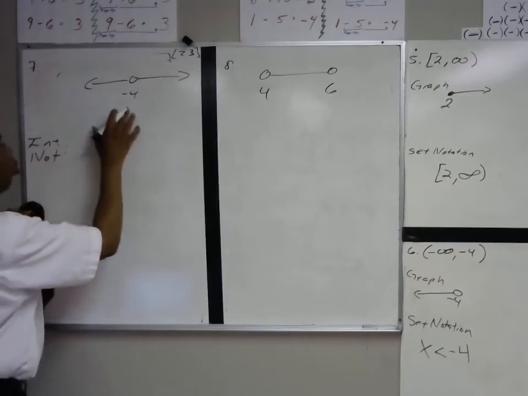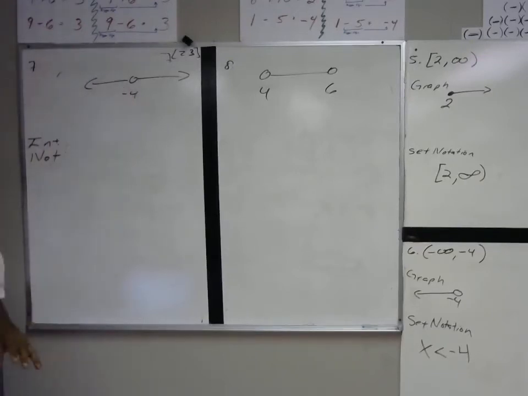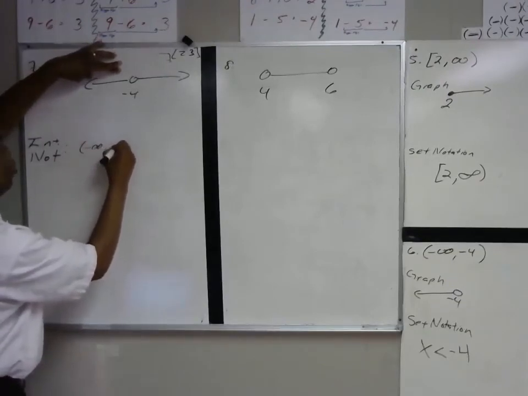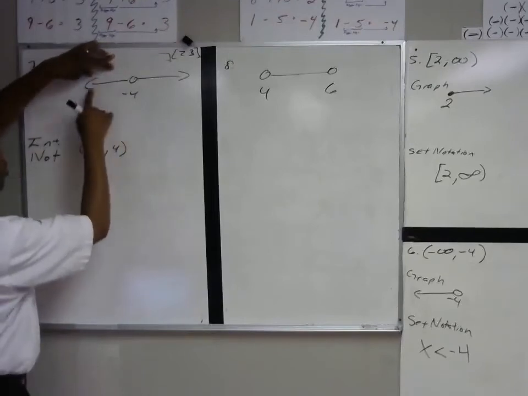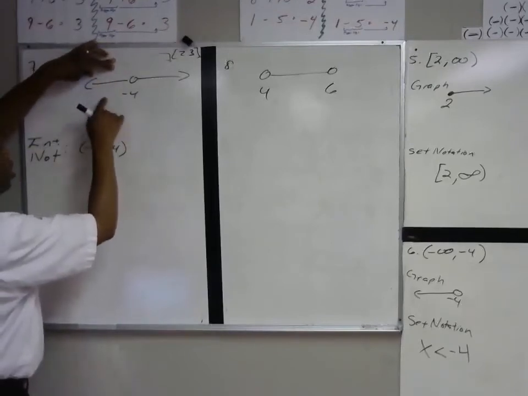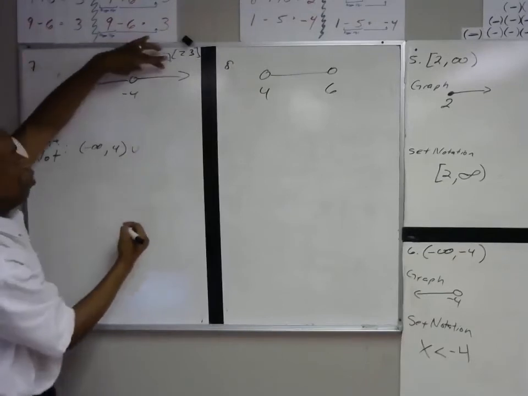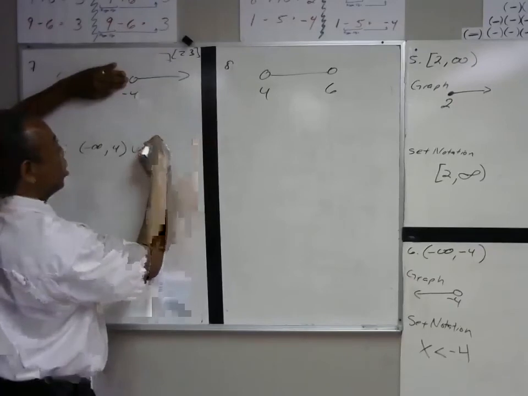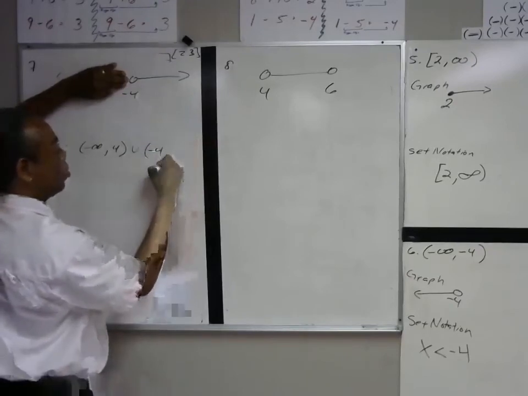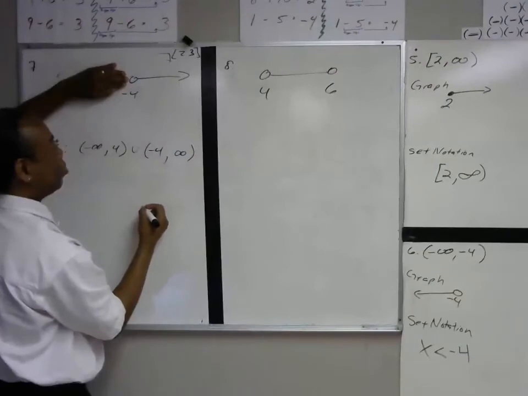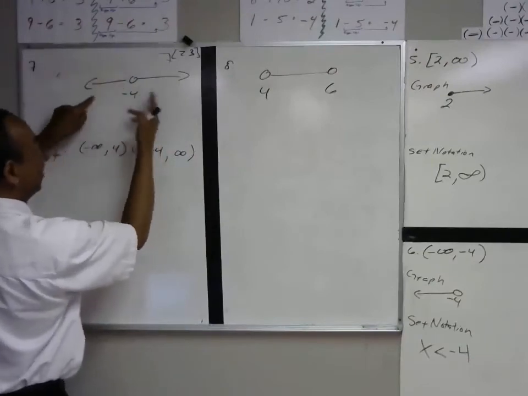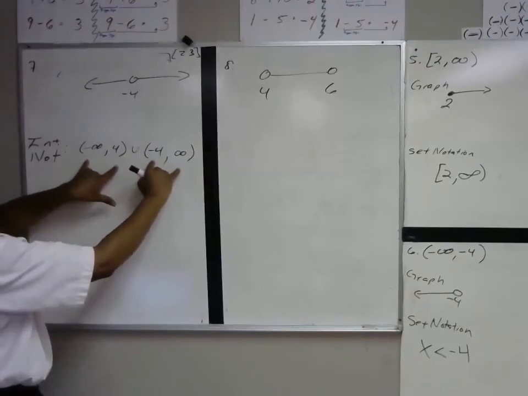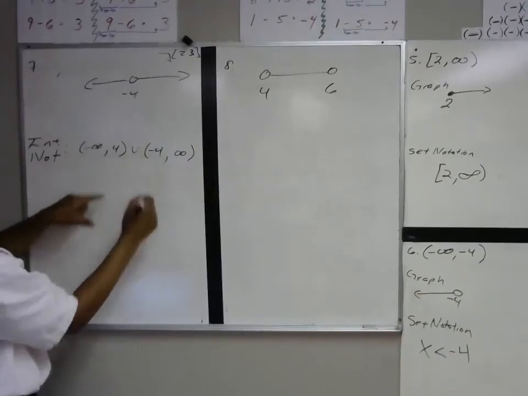The interval notation represents this side right here, which is from negative infinity to -4, parentheses, that represents all the numbers on this side. Then I union all the numbers that are represented on this side. The numbers represented on this side would be -4 with the parentheses to positive infinity. So this has to be represented by 2 intervals with a little union here.